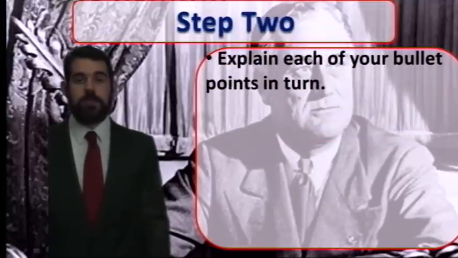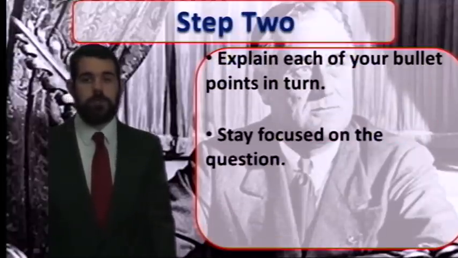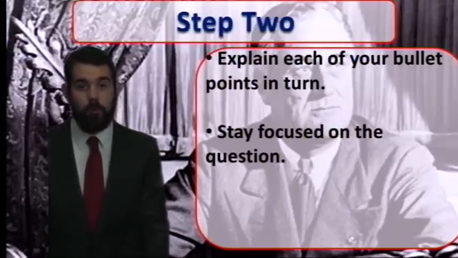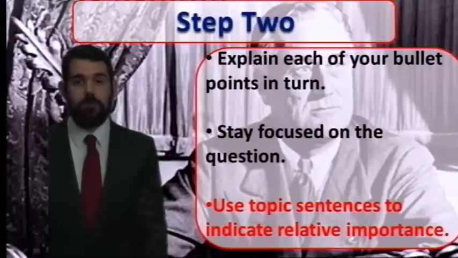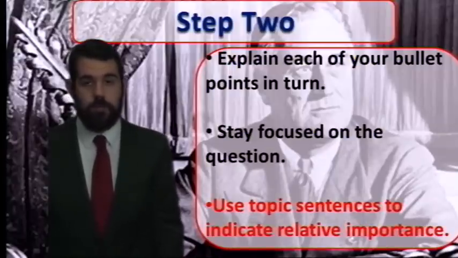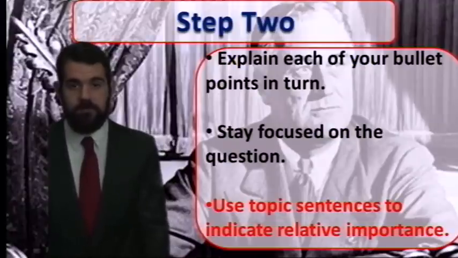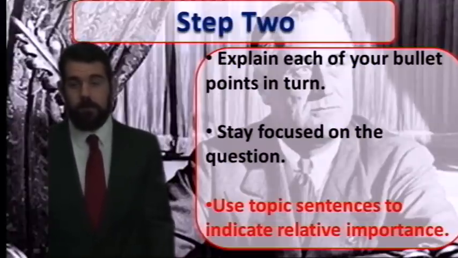Because step 2 is each of my bullet points in turn, I'm going to explain them. I'm going to make sure I stay focused on the question, which is how important they are as features of the New Deal. And I'm going to use topic sentences to indicate the relative importance of each of these factors. That's an efficient way rather than having to write a separate conclusion.